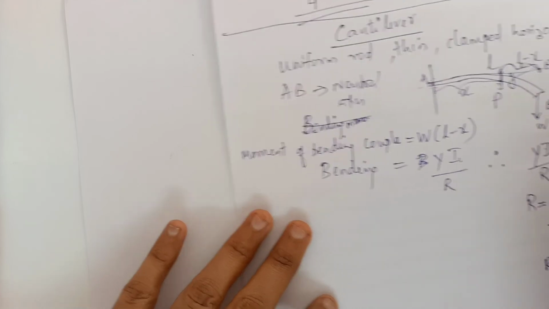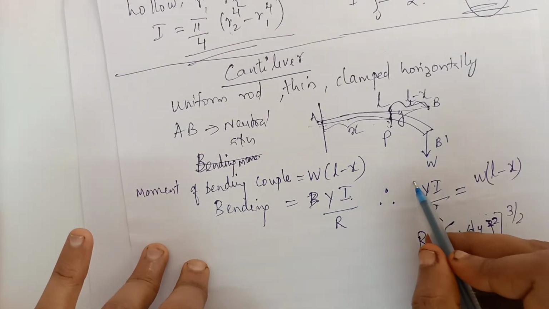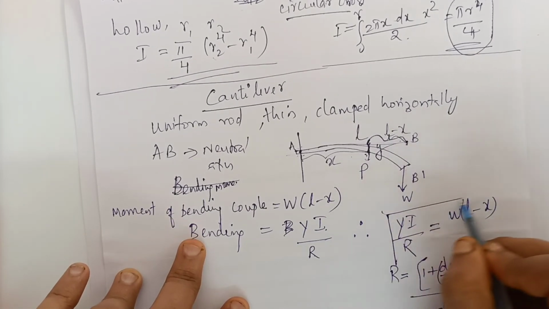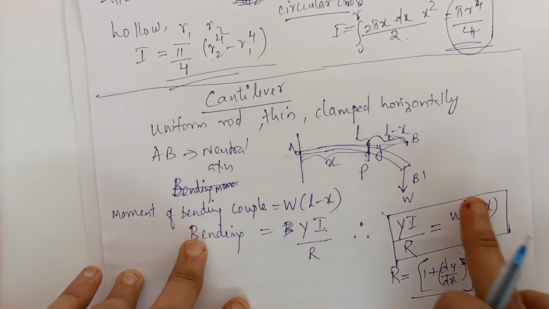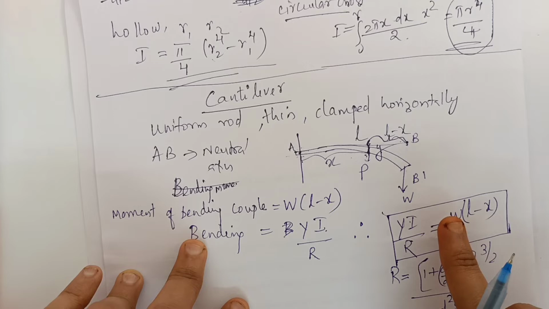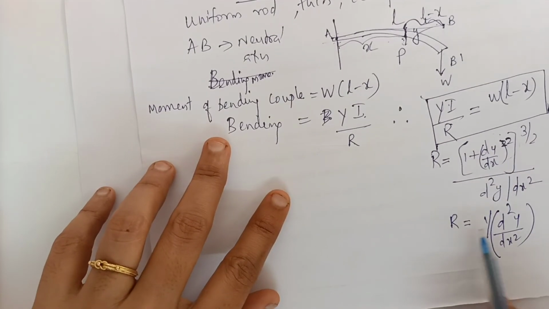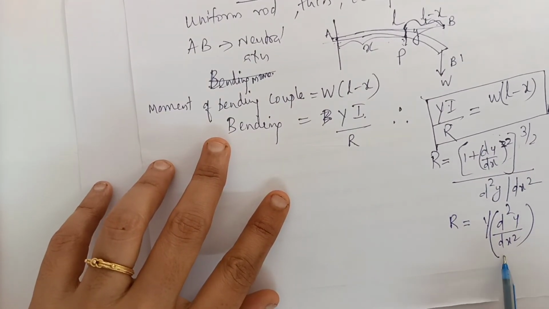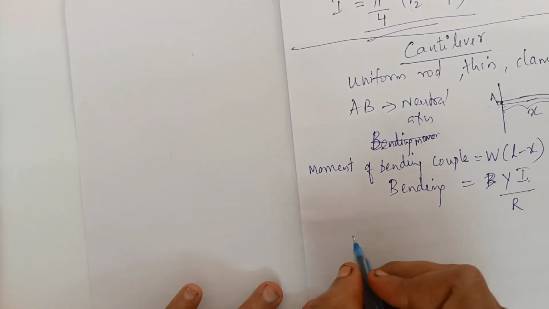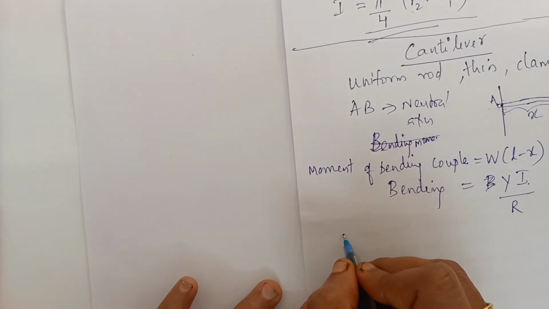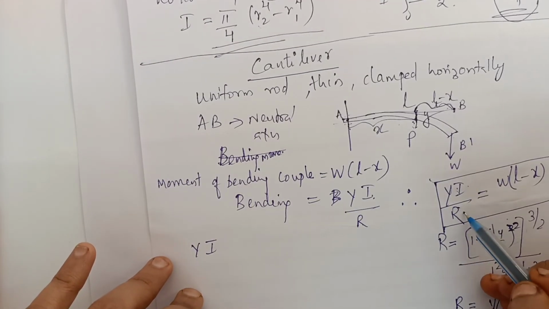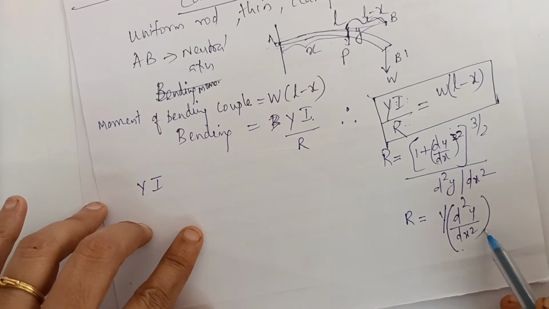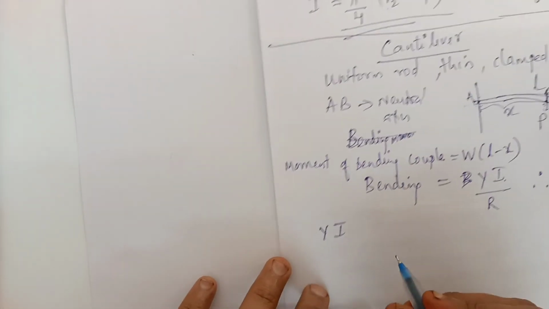So what can we do? In this equation, that is YI, the bending moment is equal to W into L minus x, instead of R we can put, R is 1 by d square y by dx square. Therefore we can write YI into, instead of 1 by R, we can put d square y by dx square.